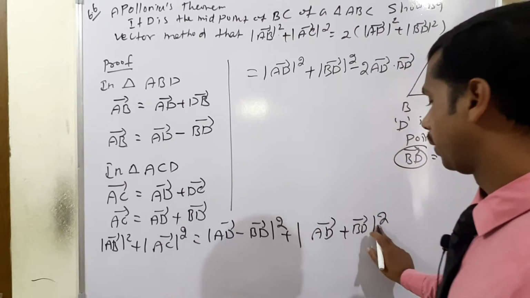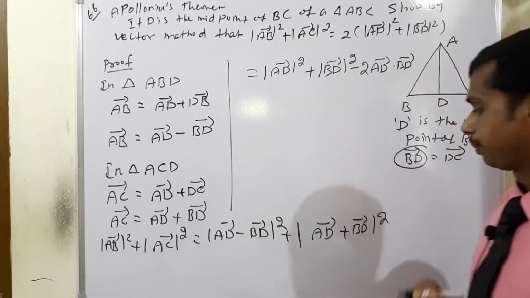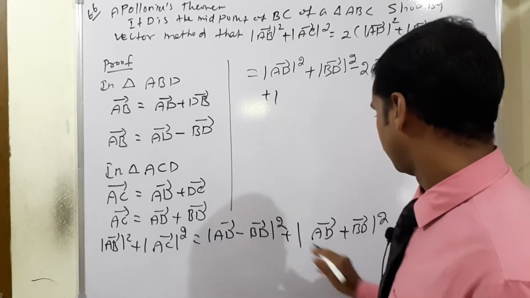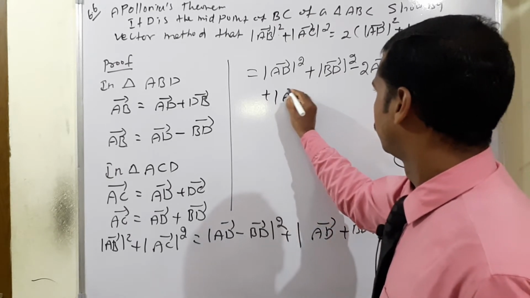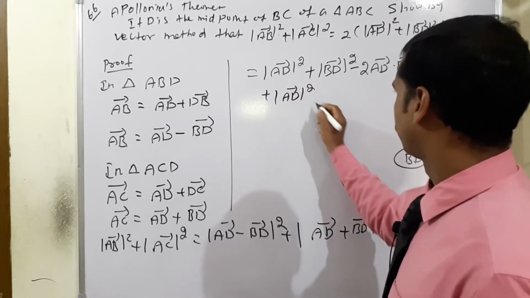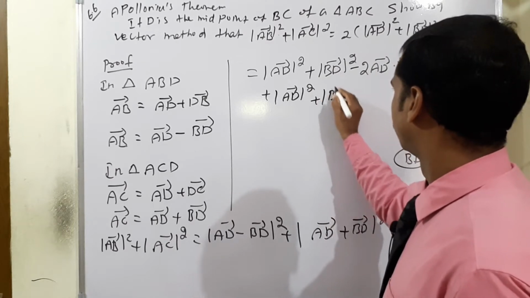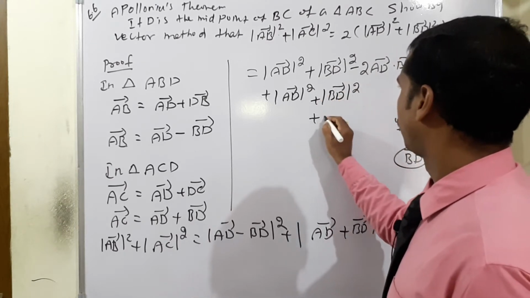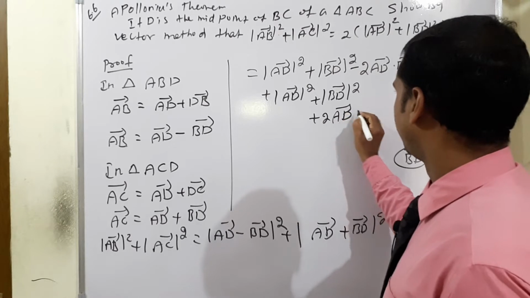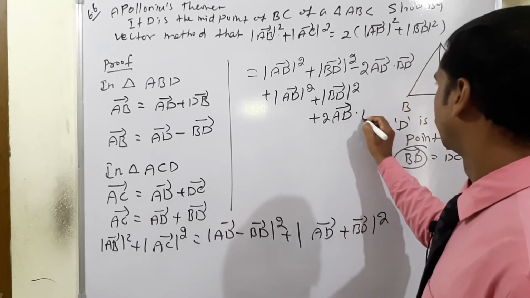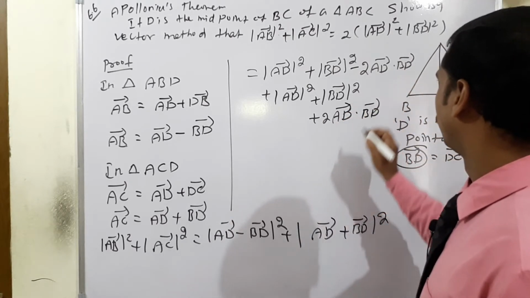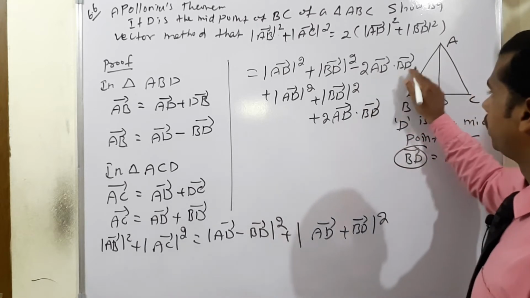Next, (a plus b) square is a square plus 2ab plus b square, so plus modulus of AD vector square plus modulus of BD vector square plus 2 AD vector dot BD vector.